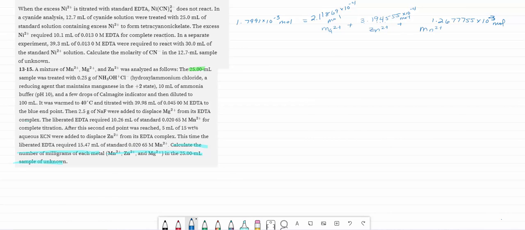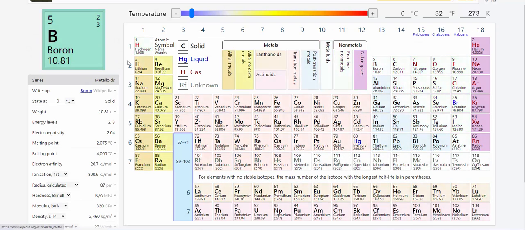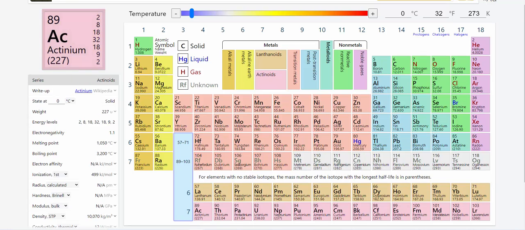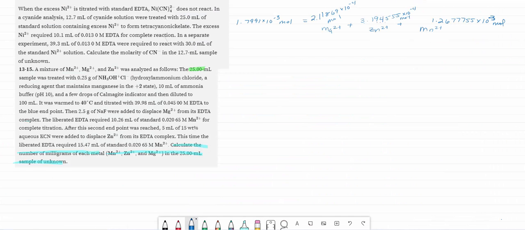So we need to go to the periodic table and find the atomic mass. So magnesium is 24.305. Let's start there. Because EDTA reacts 1 to 1, we know that 1 mole of EDTA will react with 1 mole of magnesium. Therefore, we have 2.11869 times 10 to the negative 4 moles of magnesium in this sample.